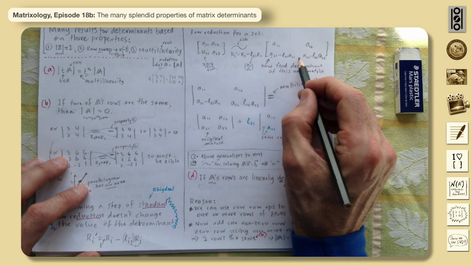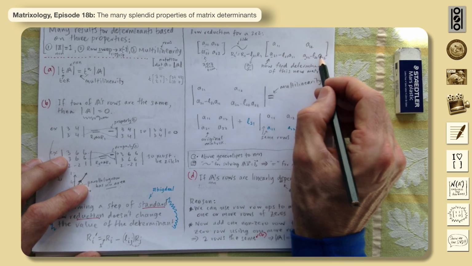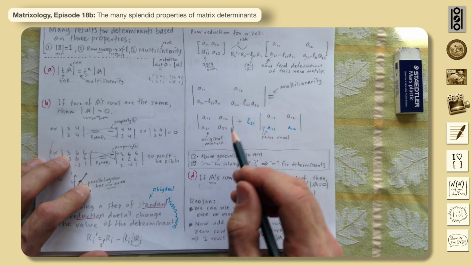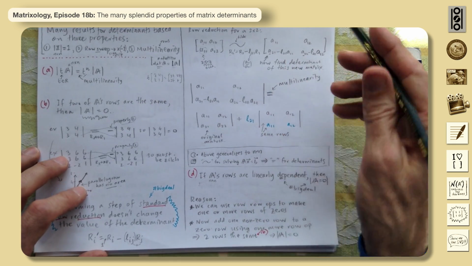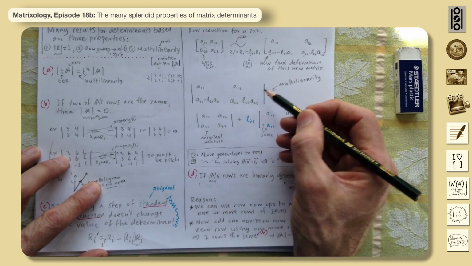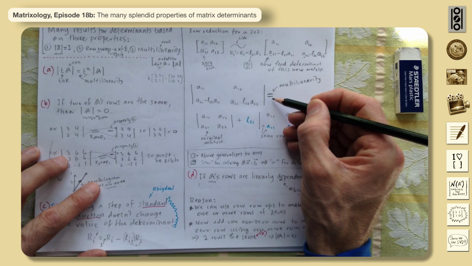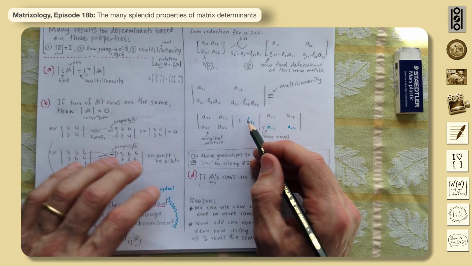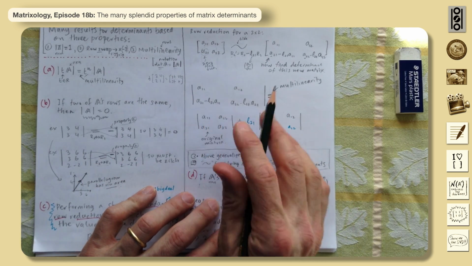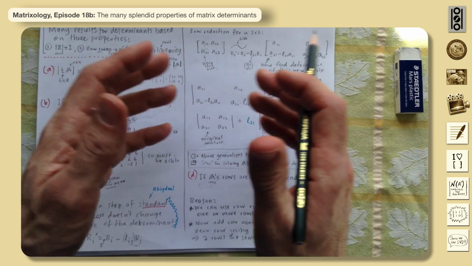Again, the second row is really here minus some multiple of the first row. So I've just rewritten this whole matrix out here, and then used the property of multilinearity here to spread this apart. And we can break it in any way we want.